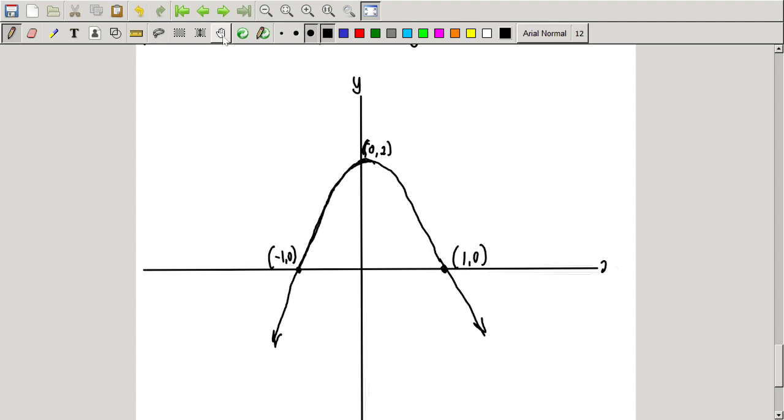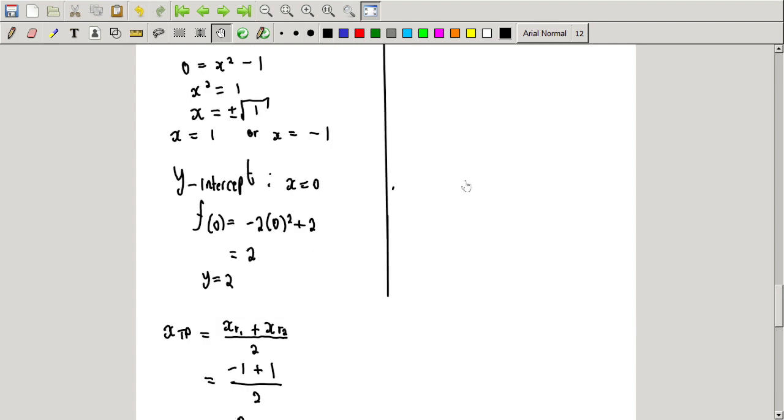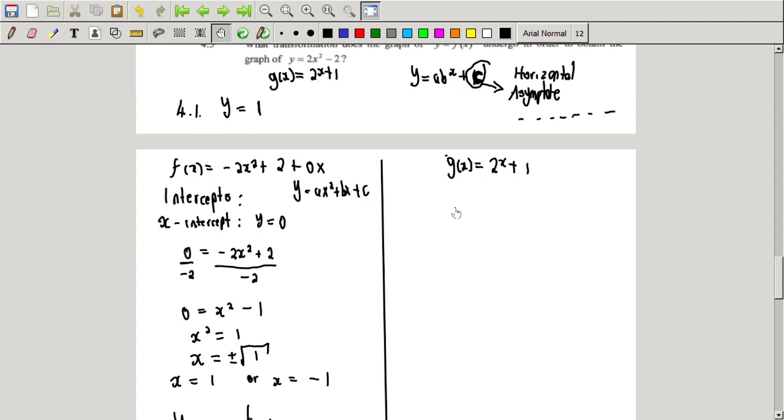Now we want to draw our exponential function. Let's go up and draw our exponential function. The first thing that we know about the exponential function that we already wrote is that the horizontal asymptote is y is equal to 1. So now we want the intercepts. Let's start with the x-intercept. The x-intercept is where y is equal to 0.